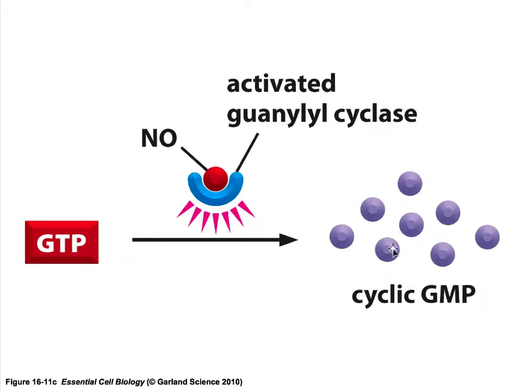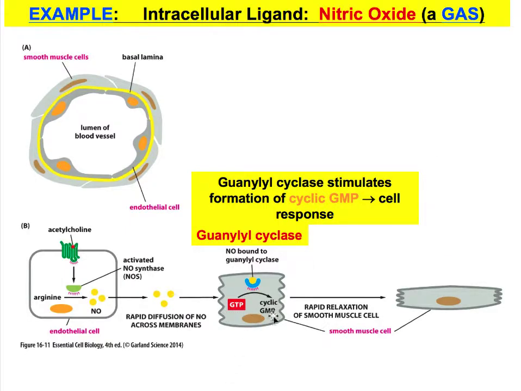And this molecule then becomes a messenger that travels within the cytosol of the cell. So we have two messengers, the red molecule, and then when these are produced, these purple molecules. Once cyclic AMP is produced, it then has a knock-on effect in various ways depending on the type of cell in which it is produced. In this particular example, we have smooth cells.